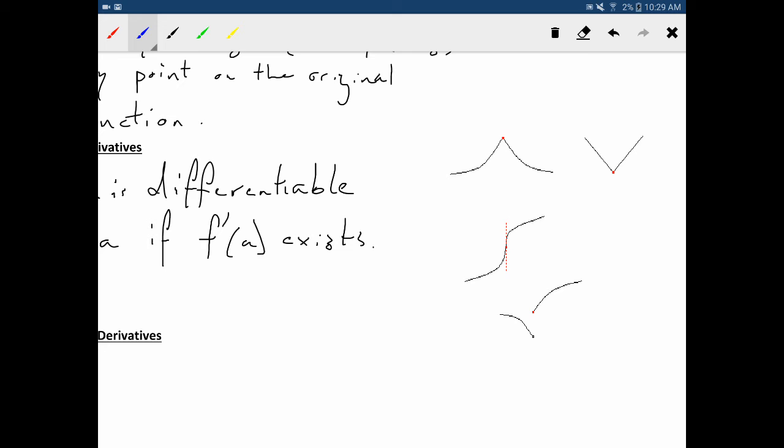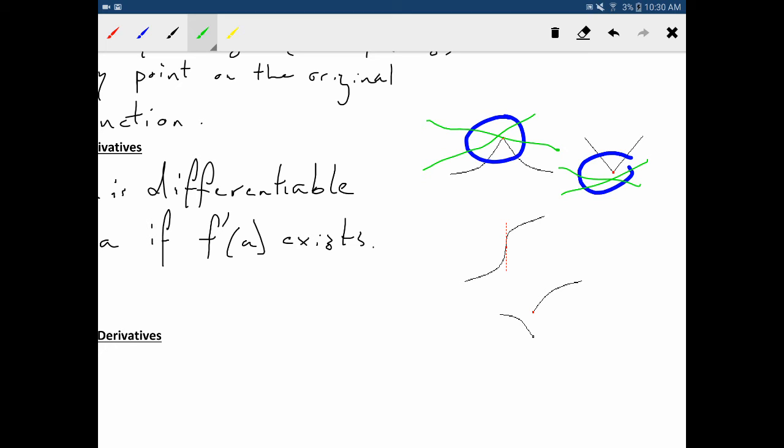Looking at this point right here, much like these two, I can't draw a tangent to that point clearly, because there's an infinite number of tangents I could draw that pass through exclusively that point, no other point on the function. And because of that, we would say that it's not differentiable at that point.